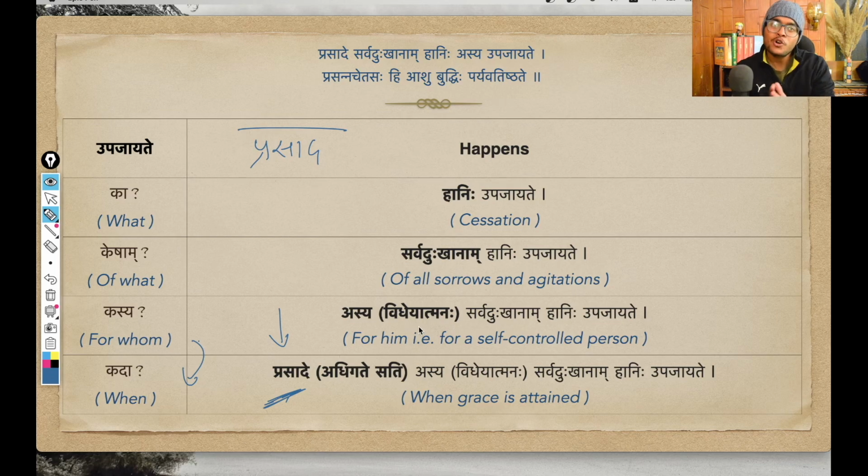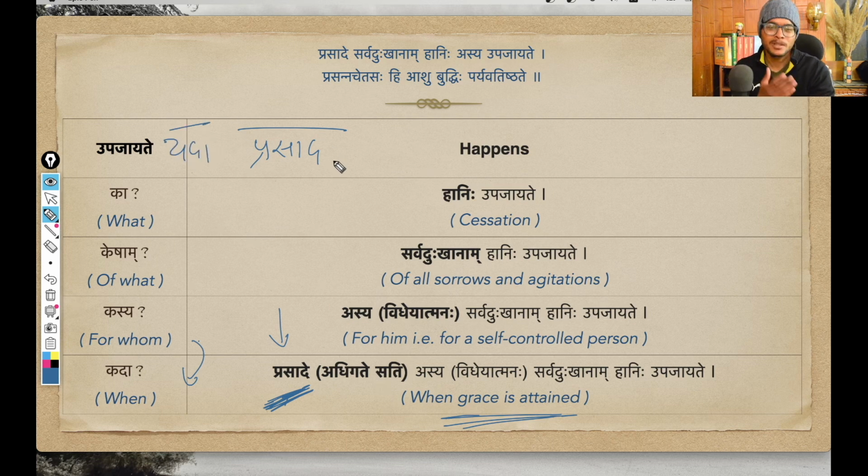In the previous shloka we saw Krishna says that such a vidheya atma person, prasadam adhigacchati, that he attains such grace. And as a follow-up, Krishna is saying prasade, that when the grace is attained, upon the attainment of that grace. So this prasade is not the usual Saptami Vibhakti prayoga, in, on, at. It is not in that prayojana. This prasade is the Sati Saptami Prayoga. And we have already discussed this Sati Saptami Prayoga so many times before with different examples. Very shortly, Sati Saptami Prayoga replaces the use of this word yada.